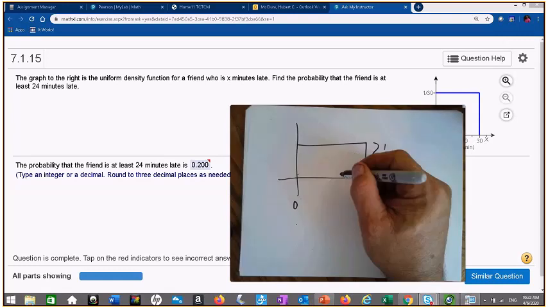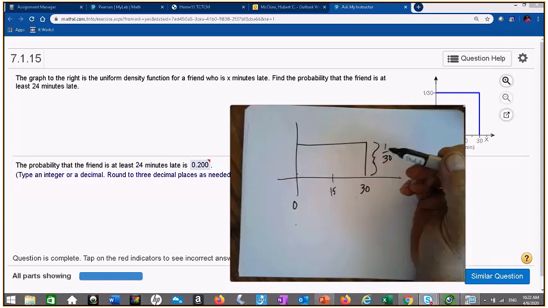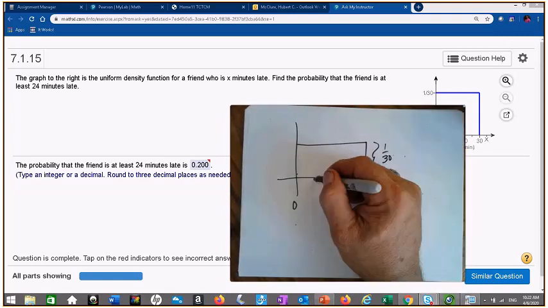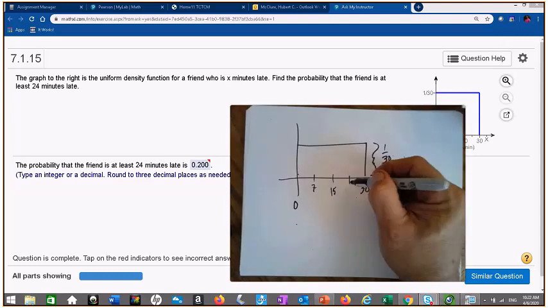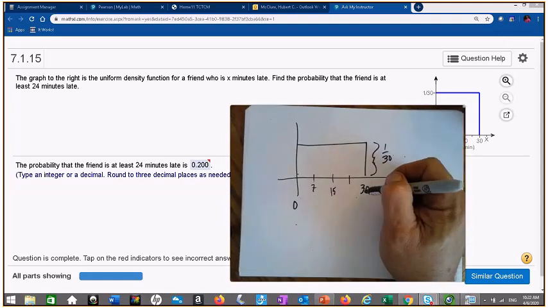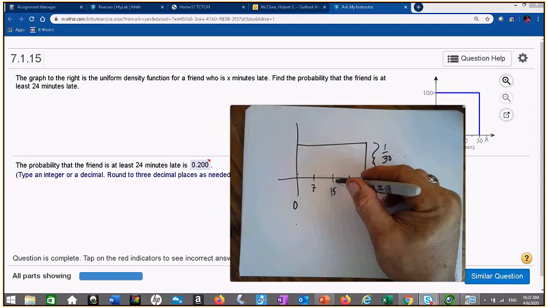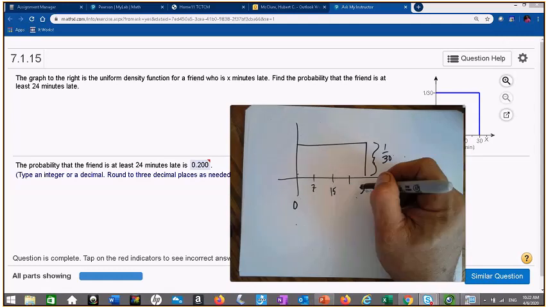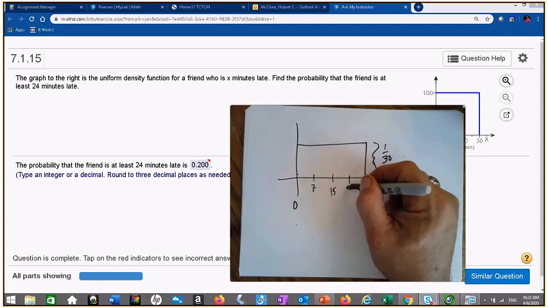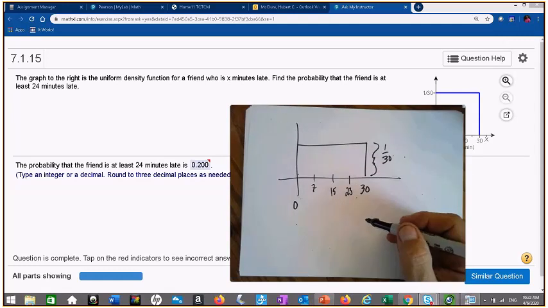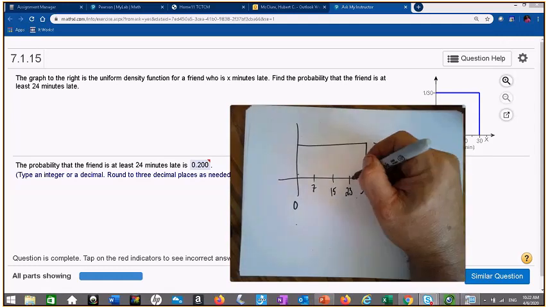Well, this is 15. Halfway between 0 and 15 is 7. Halfway between 15 and 30 is 7. So that would be what? 23 or something like that? So they say 24, so I'm going to put 24 right about there.